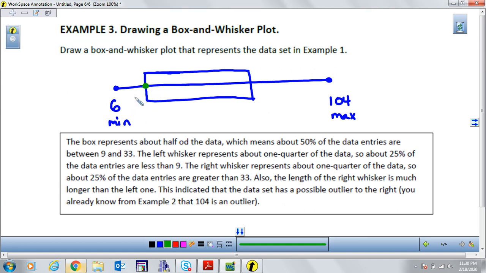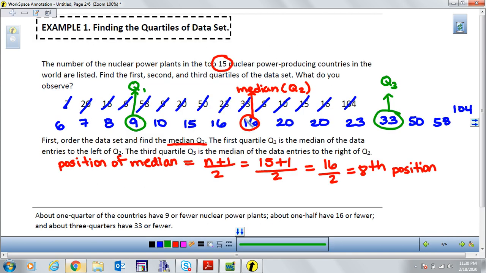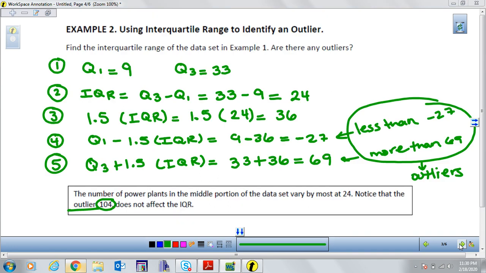This one is going to be the value 9. This one is going to be the 33. So this is my Q1, and this is my Q3. And then the median, which was the 16, I'm going to draw a vertical line through where 16 is supposed to be.